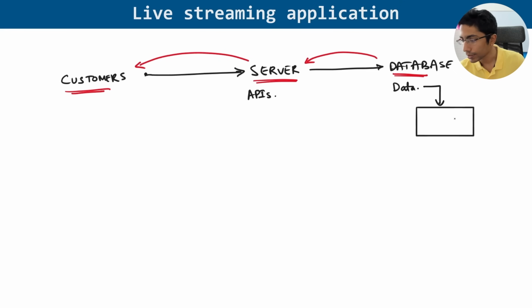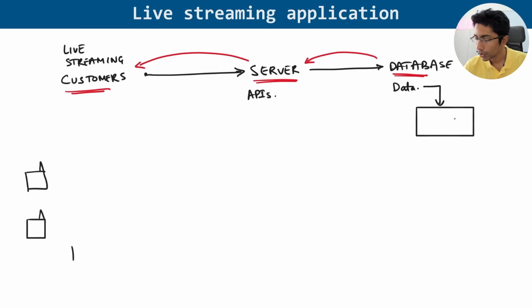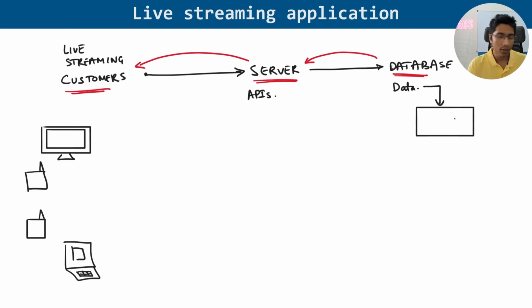Okay, in our case, customers are live streaming customers. So they may be streaming from their cell phones or laptops or the TV. And we can't assume which device is being used more often. In certain countries, you'll have certain devices being used more. There could also be a tablet, of course, from which they're streaming this video.